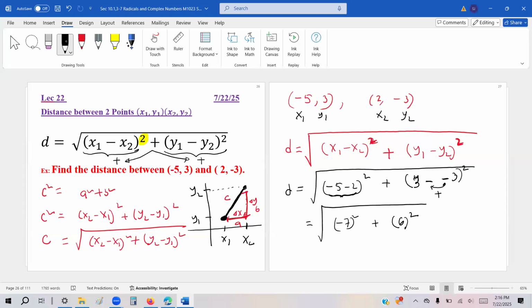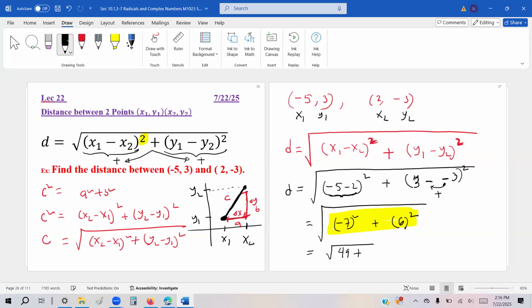Panda says do the inside first. So parentheses, exponent, all these things. So we have to do inside first. You cannot cancel the square and the square root. It's not possible. So we have to simplify this quantity. What is -7 squared? 49.